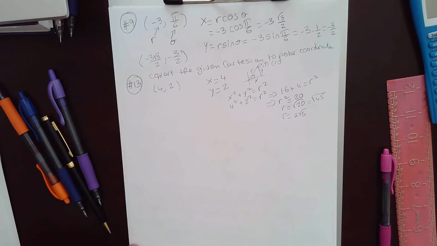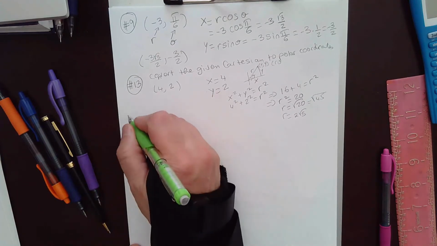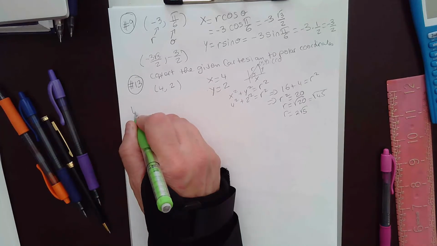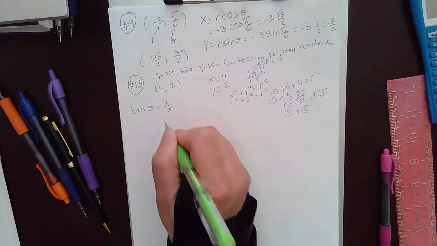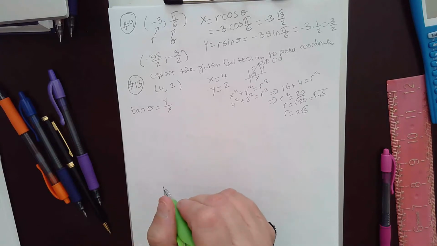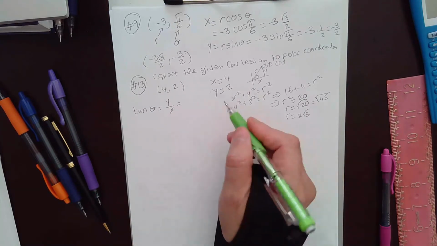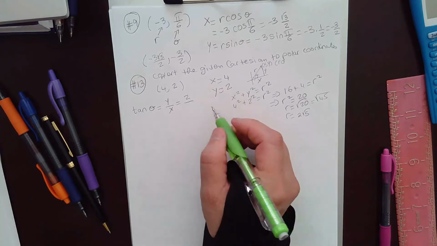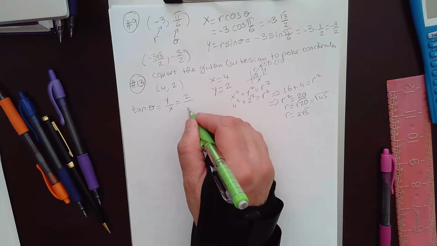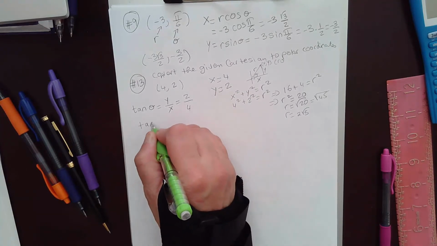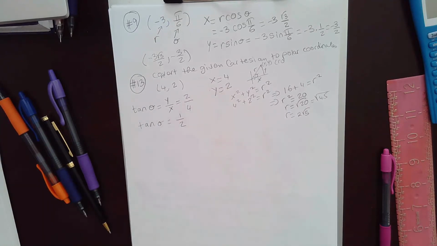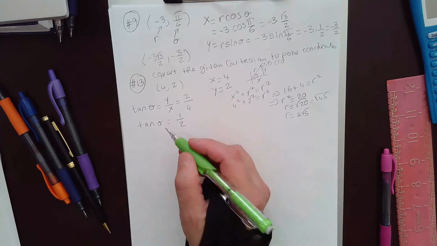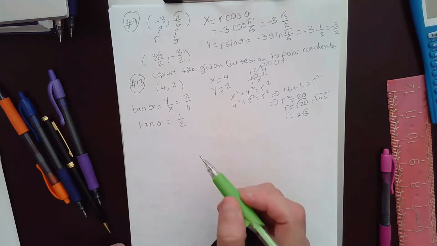Now remember, we use the formula, you know how to find the tangent, right? Tangent theta is y over x, right? We already know what y is. Y is 2 and x is 4. So tangent theta is equal, simplifying it, to 1/2. Now theta here is not a common angle.